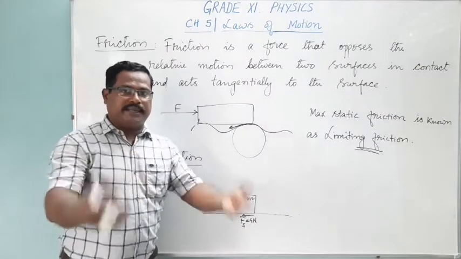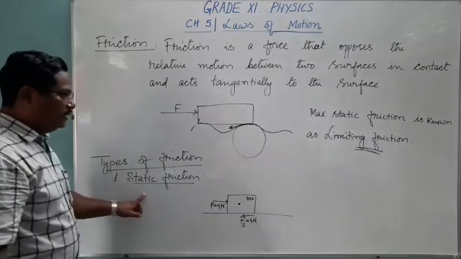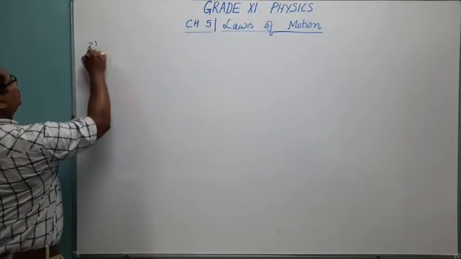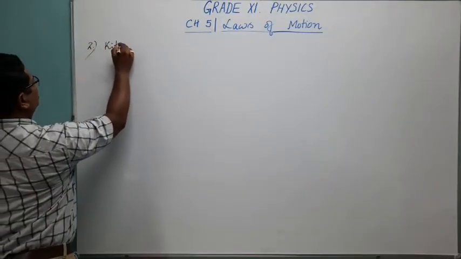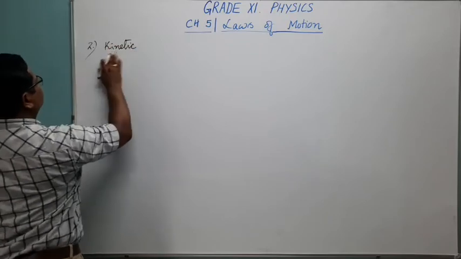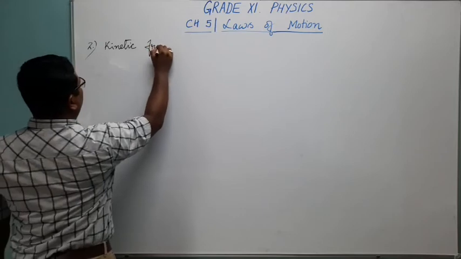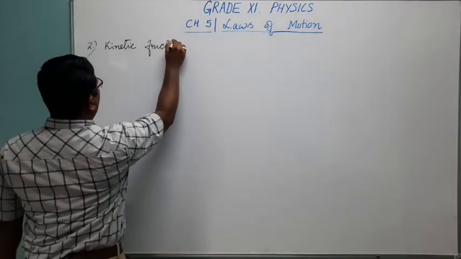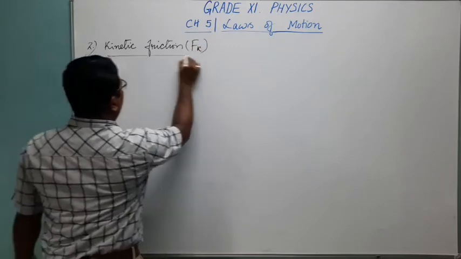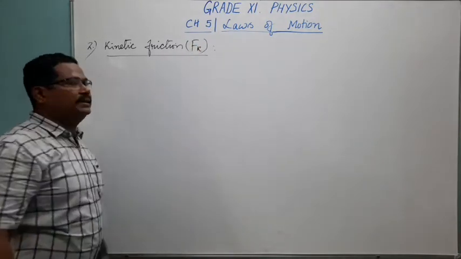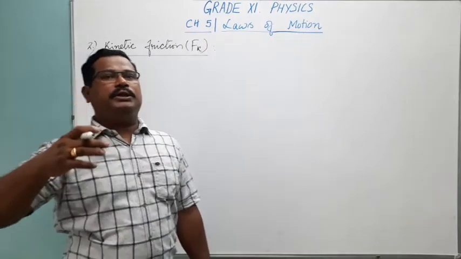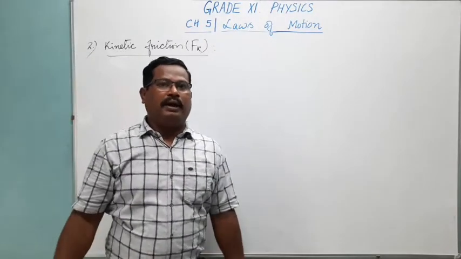Then we come to the second category, that is called kinetic friction. The second friction is your kinetic friction. We write it as Fk. It is the force of friction that comes into play when a body actually moves over the surface of another body.